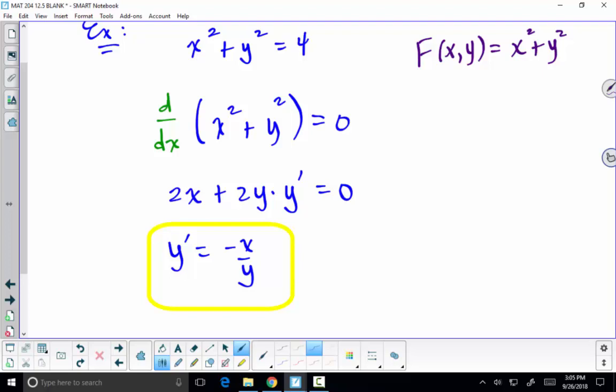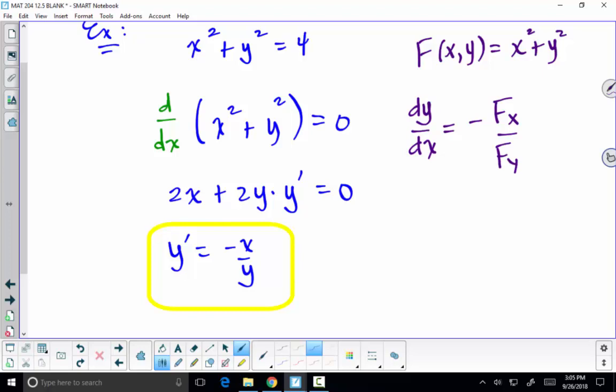This circle of radius 2 centered at the origin is a level curve for surface F. You can think of this as z equals x squared plus y squared. This is a paraboloid, and this is one of the level curves. It's the curve where we set the function value to be 4. And here's our second method. We can find dy dx by looking at minus F sub x divided by F sub y.